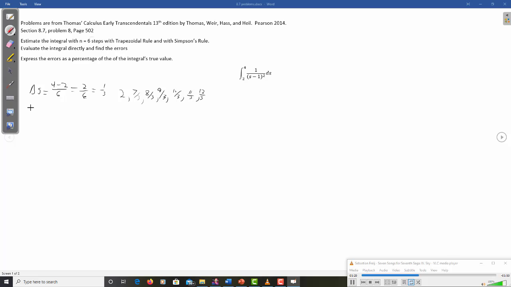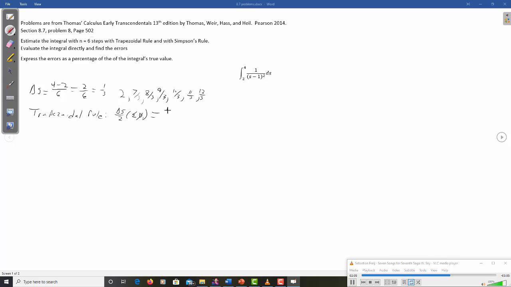Alright, doing trapezoidal rule. Well, that would be delta x over 2 times the sum of the x sub k values, the y sub k, I guess is what I will call them.